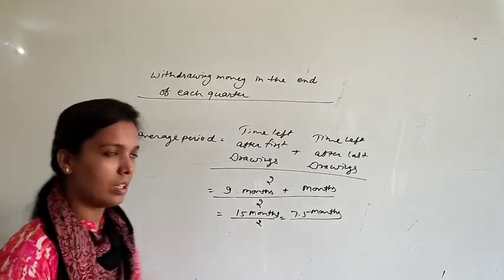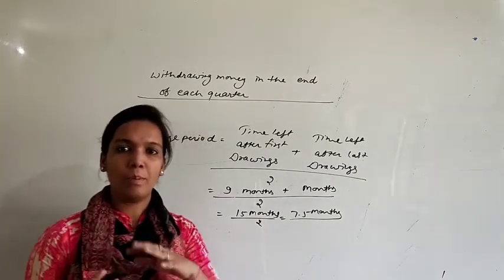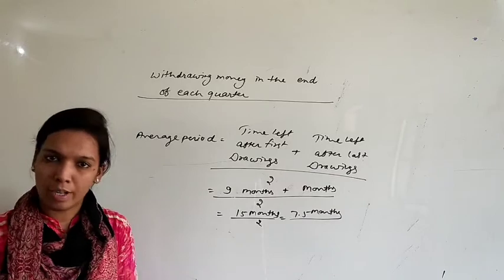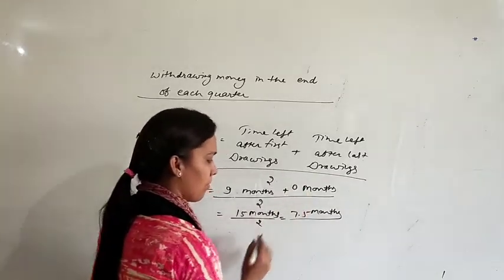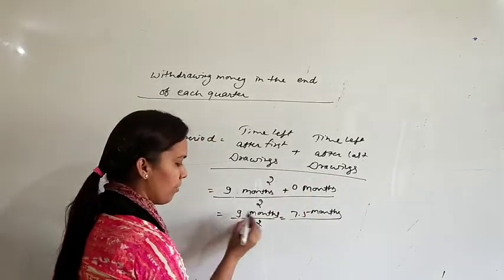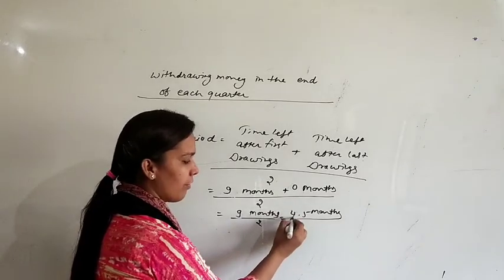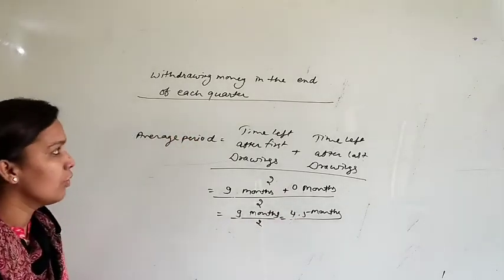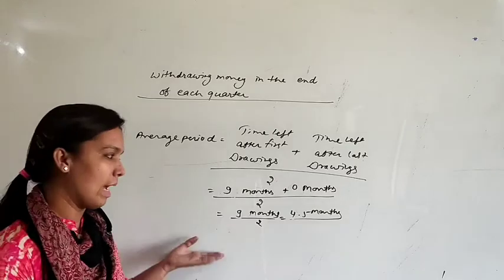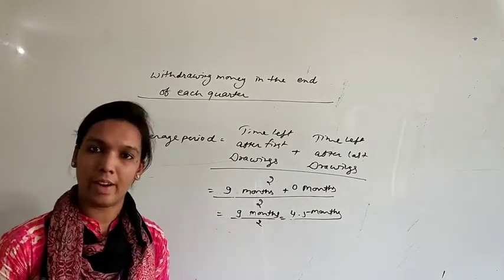Okay, and the last drawing you will do on March last. It means you will not have any months left. So the time we will get is 4.5 months. So in the case of the ending of each quarter, we will calculate interest for 4.5 months.